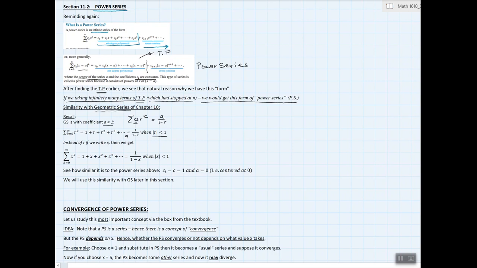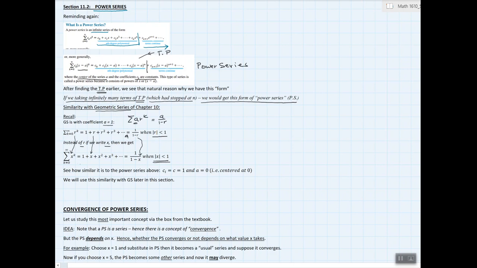So now what we're going to do is, instead of r, we are going to write x. If we do that, we are going to get summation x to the power k, with x's instead of r. And then obviously that is going to add up to 1 over 1 minus x, as long as the absolute value of x is less than 1.